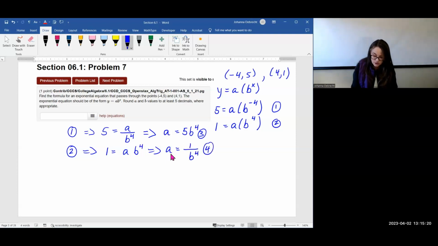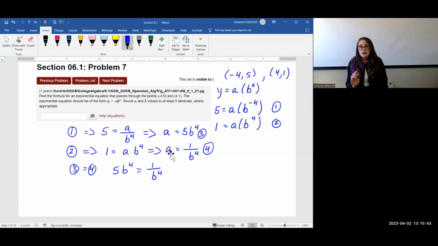And I'll call that equation number 4. Now, if these are the a values, the a value in the exponential is the same a, so they have to be equal to each other. So I'm going to set 3 equal to 4, and this is going to give me 5b to the 4th equals 1 divided by b to the 4th.